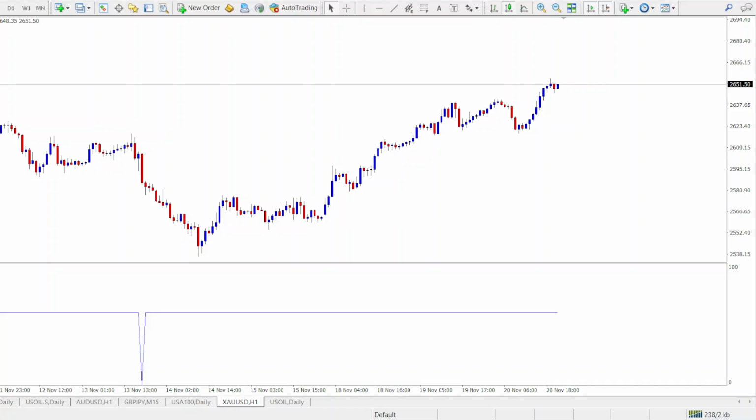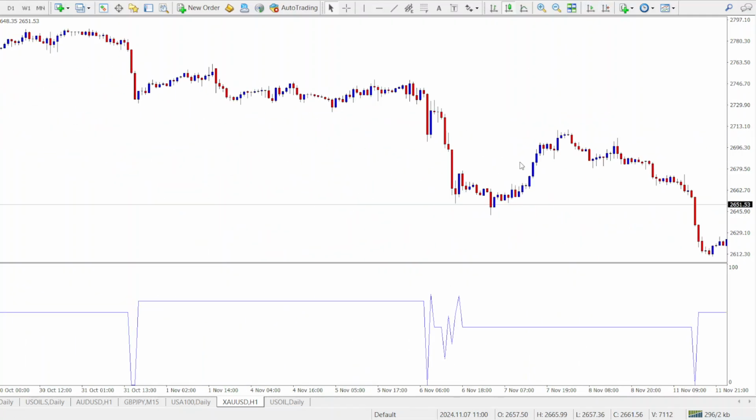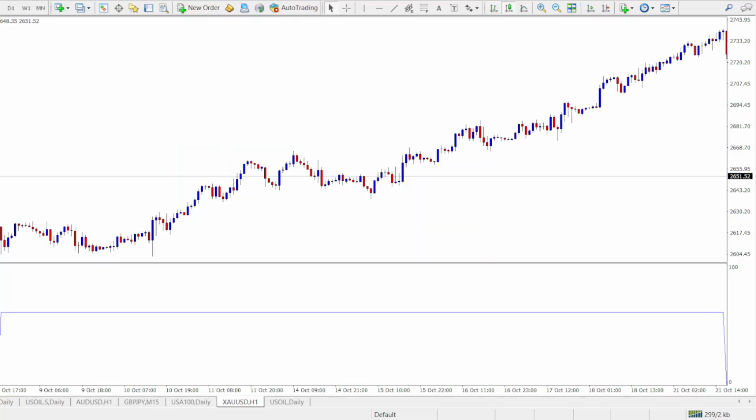Now, this indicator combines the RSI and ROC. It combines the relative strength index and rate of change. The indicator delivers precise insights into market trends and potential reversal points. While the RSI component helps you identify overbought and oversold conditions in the market, the ROC adds a layer of momentum analysis, giving traders a clearer view of market strength and direction.